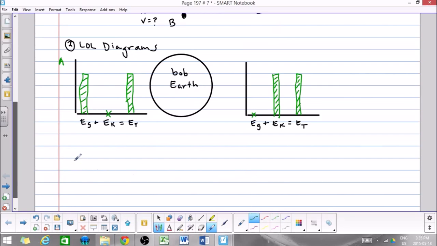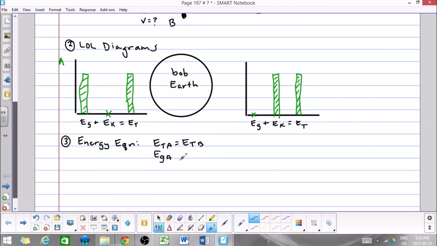With a clear LOL diagram, it's no problem then to write your energy equation. Your total energy at A is equal to the total energy at B. At A, it's all gravitational potential energy.